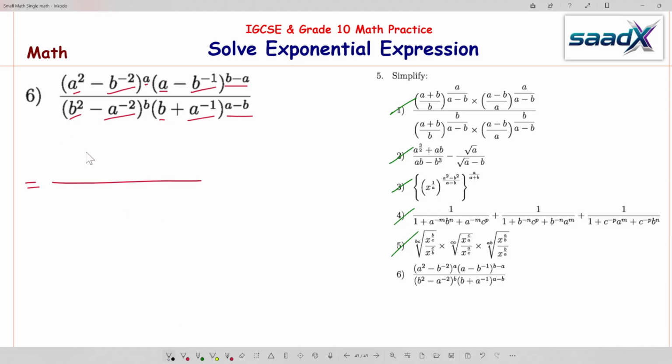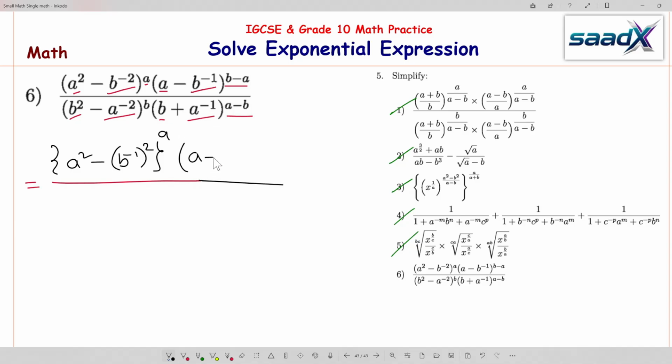First, here a² minus b to the power minus 2, we can write as (a − b⁻¹) squared, so we can use the second bracket here, with the power a, and this one will be unchanged.